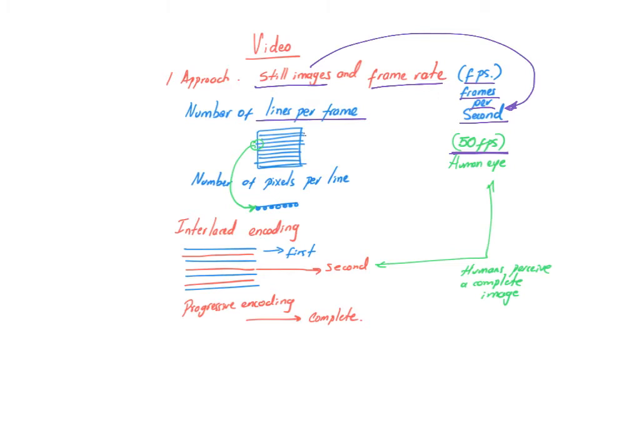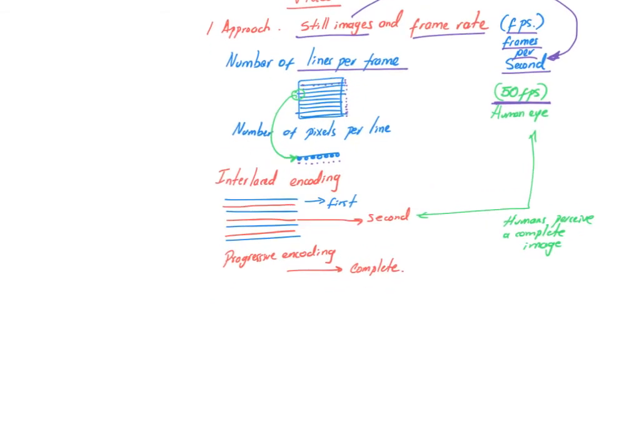So how many of these lines of pixels you have on the screen. And the second one is how many pixels you have per line. That's going to determine the encoding of the video in bits and bytes.